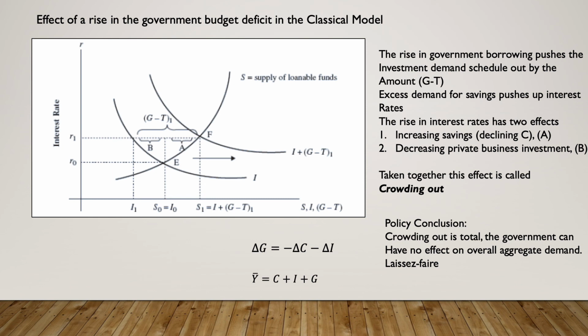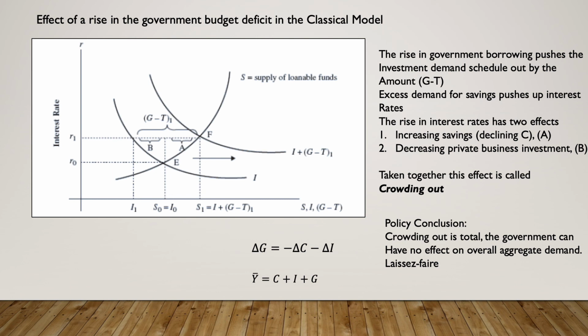And thus, there is no change in overall aggregate demand. The idea here is that governments, in terms of raising spending, can have no impact on aggregate demand and no impact on output or employment.